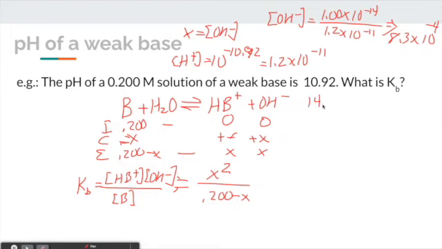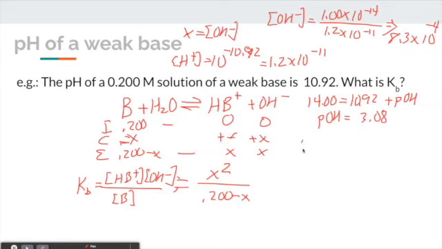We learned, remember, that 14 is the sum of pH and pOH. So pH is 10.92 plus pOH would give us 14. So if I take 14 and I subtract 10.92, I get the pOH value is equal to 3.08.